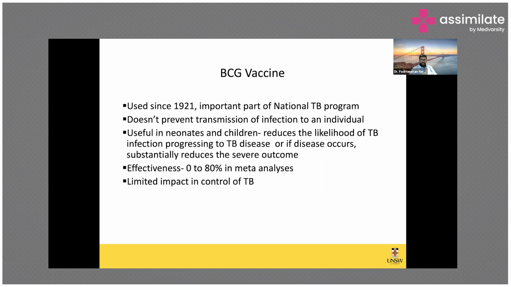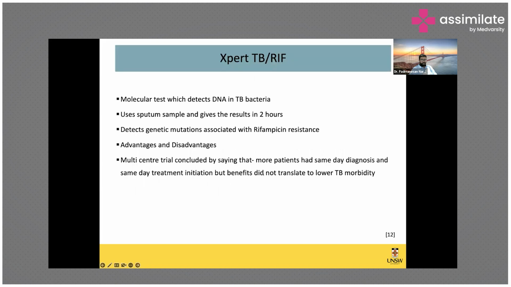So in Western countries, they don't give vaccine as a routine in high-income countries, but we do follow that in low and middle-income countries. WHO recommends that, in spite of its limited impact on control of TB, because it does help in preventing severe forms of TB among children.